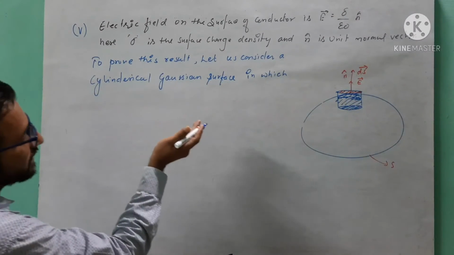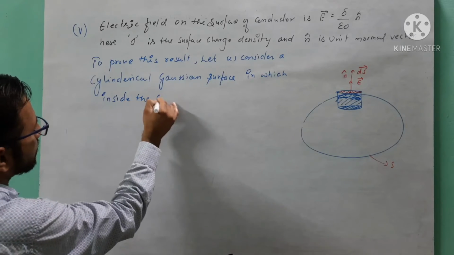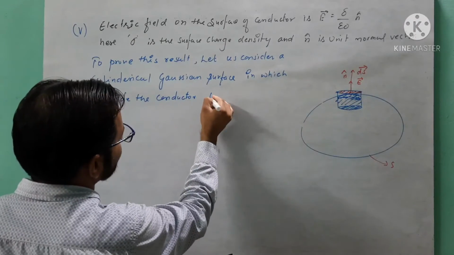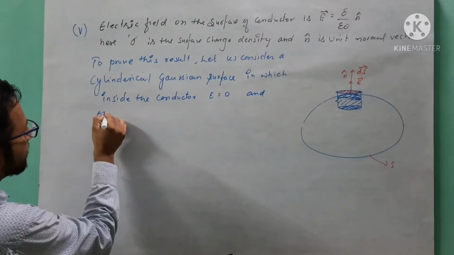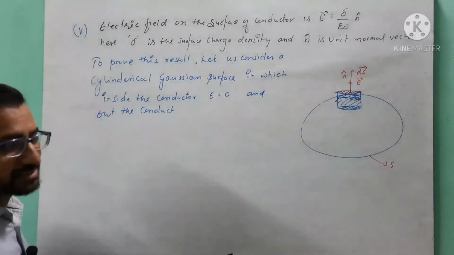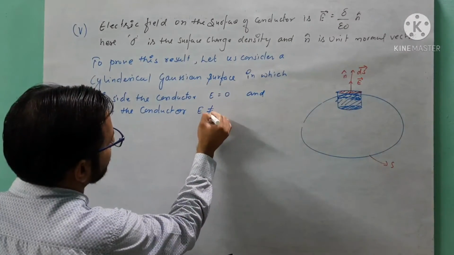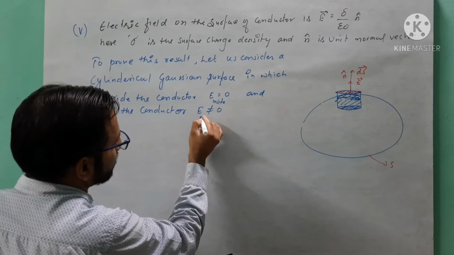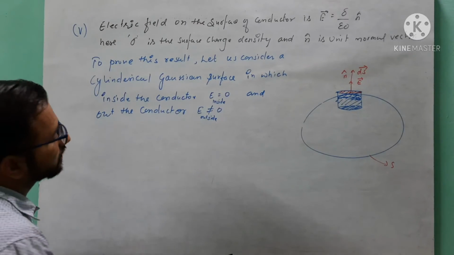So inside the conductor E is equal to 0, and outside the conductor, at the cross-sectional area which I am drawing here in red color, E is not equal to 0. So E inside first, E outside second. Got it?